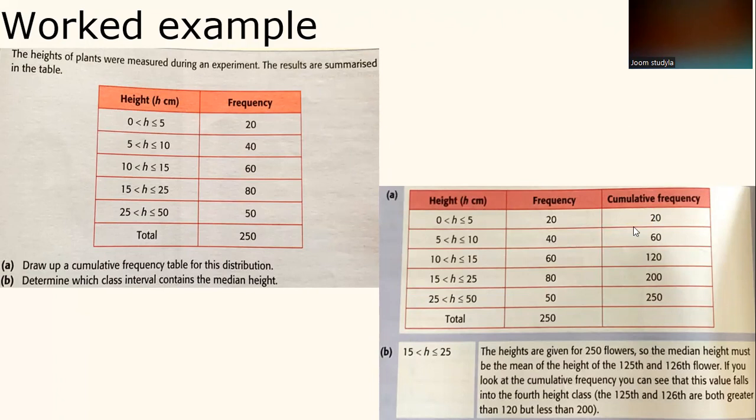You get 20 plus 40, you get 60. 60 plus 60 becomes 120. 120 plus 80 becomes 200. 200 plus 50 becomes 250. And this is the first part, where it asks you to draw up a cumulative frequency table. The second question is, determine which class interval contains the median height.